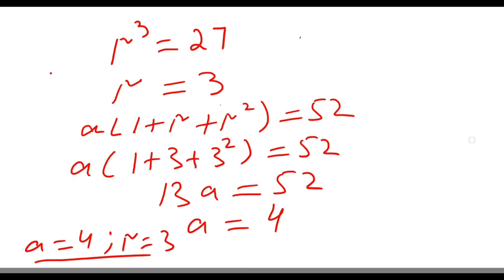In arithmetic series, common difference is term 2 minus term 1. So if you want to apply this method in arithmetic series, you take term 2 minus term 1.